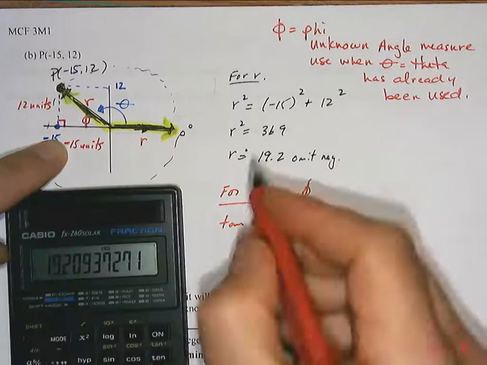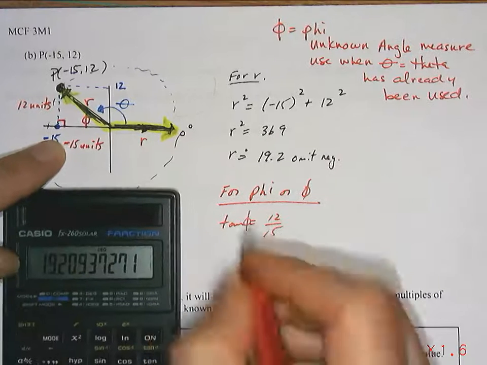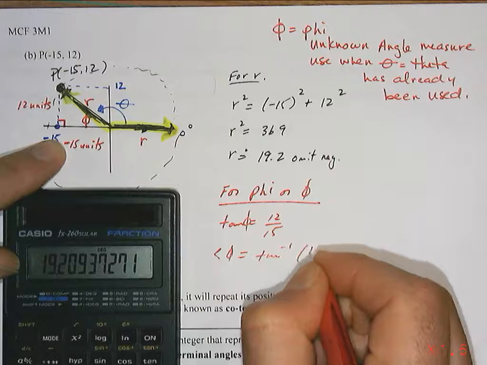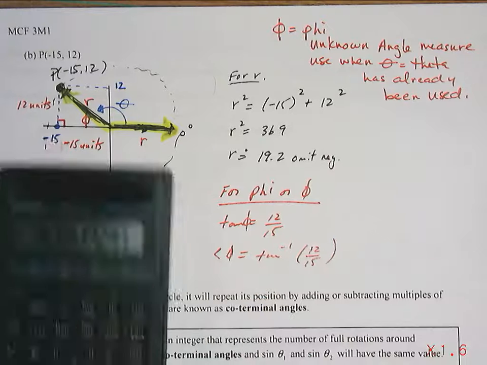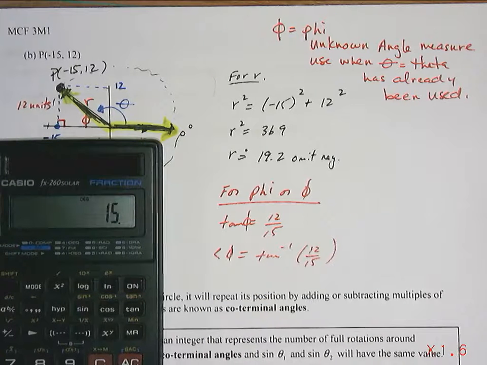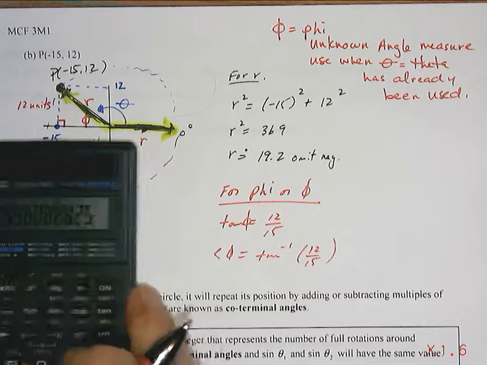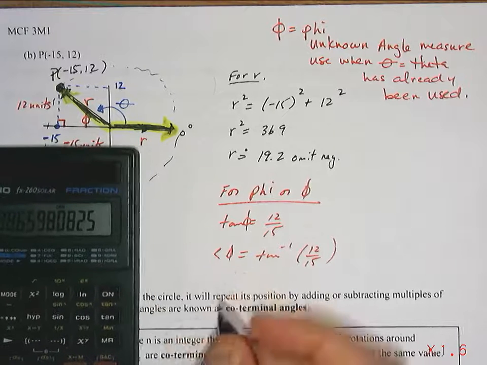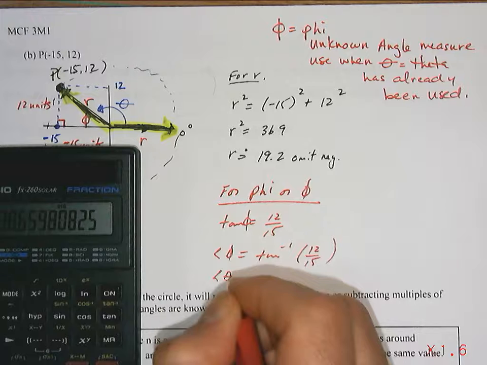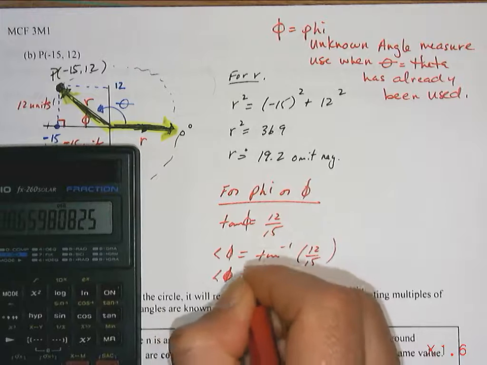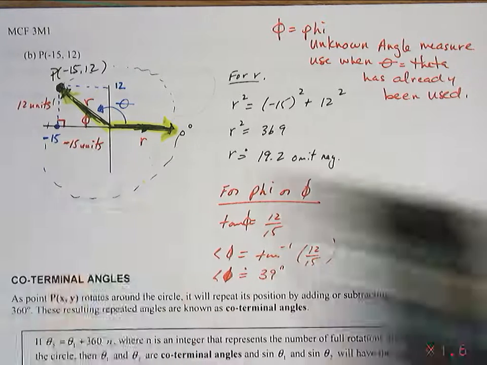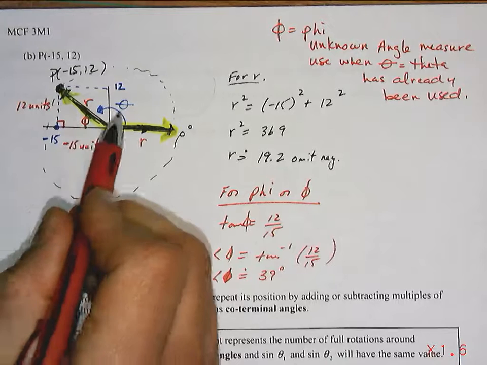And so angle phi is equal to tan inverse 12 over 15. So it's going to be 12 divided by 15 equals second function tan. And we're going to end up with about 38.7, or maybe, phi, not theta, equals approximately 39 degrees. Well, that's phi. That's not theta.